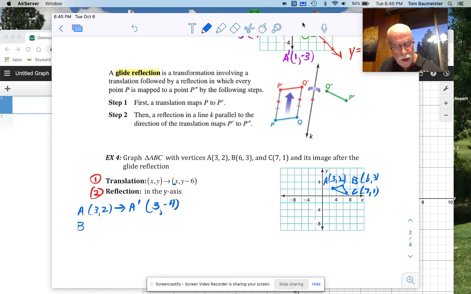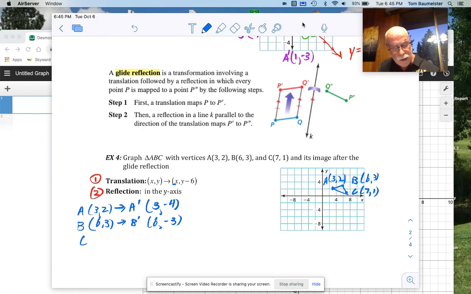Let's go ahead and write them all out here. So B is at (6, 3). That one's going to map to B prime, where again our X stays the same, which is 6, and then our Y is 3 minus 6, or -3.